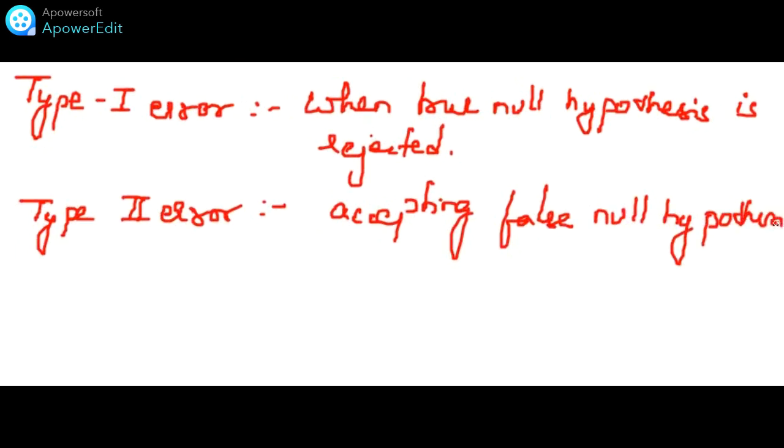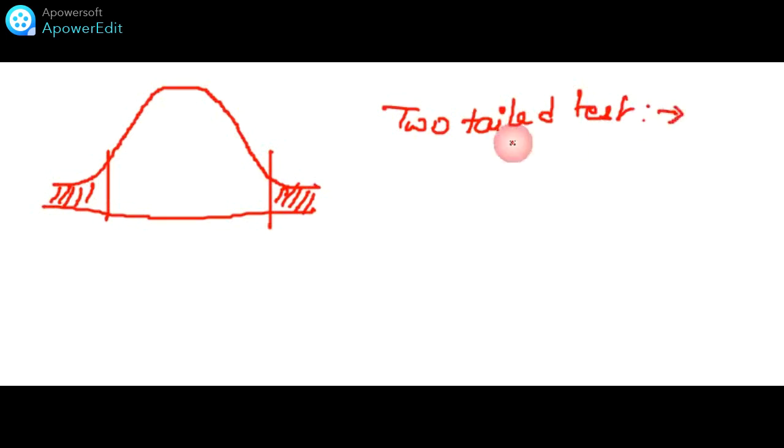And when the rejection is on both sides of the sampling distribution, if this is a sampling distribution, and the rejection area is on both sides, here also and here also, then what kind of test is it? It is called a two-tailed test. A two-tailed test is when the rejection is on both the tails.